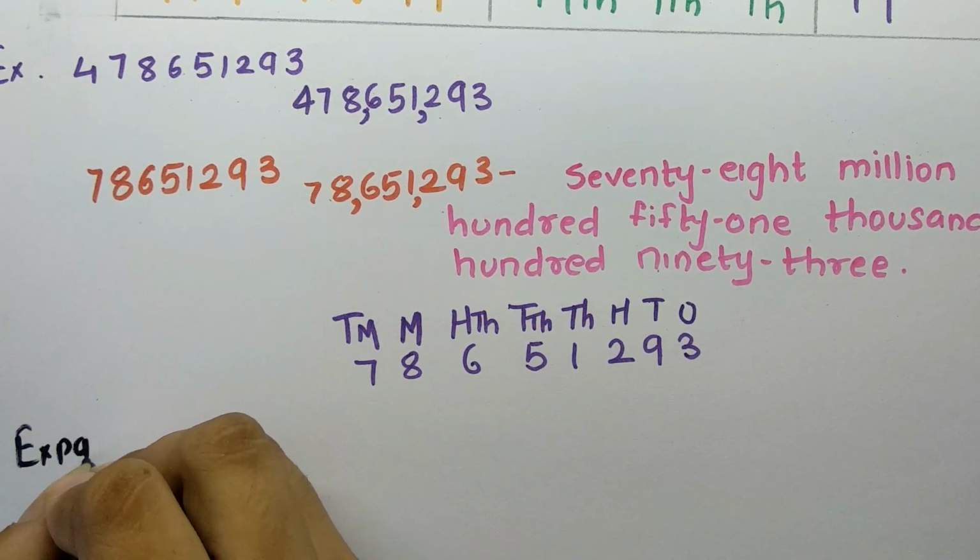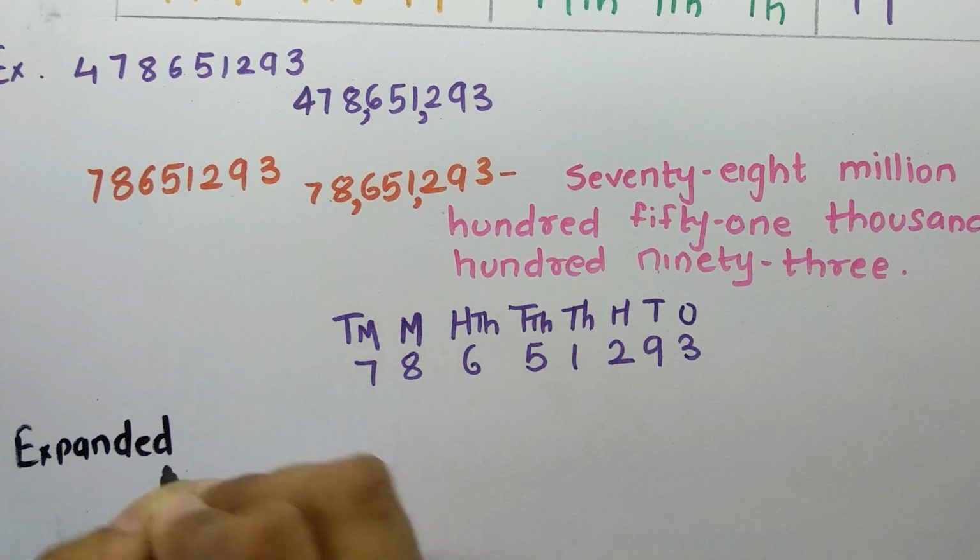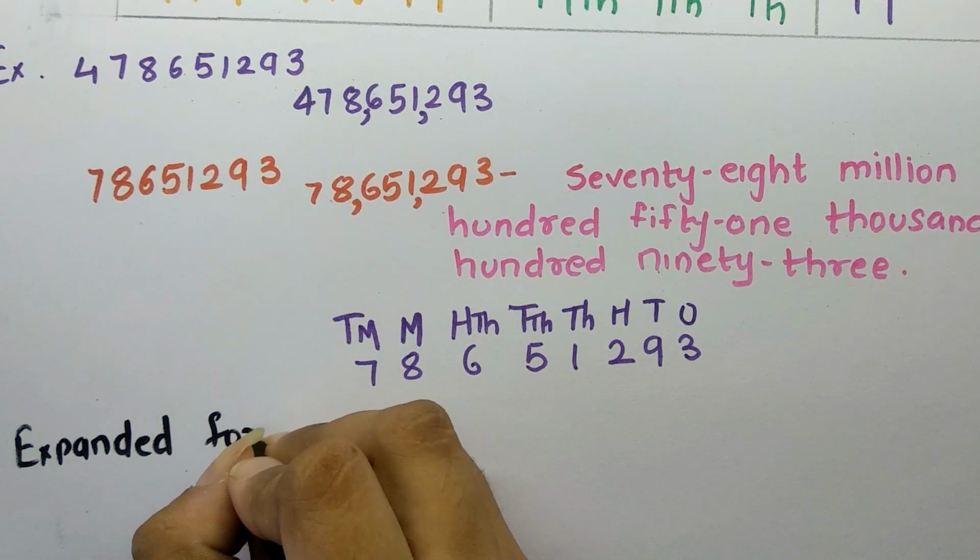Now, let us try to write the expanded form for this number. For writing the expanded form, we will just multiply the digit with the place value.